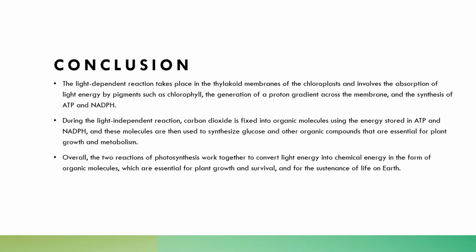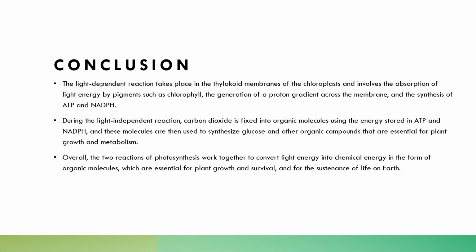During the light-independent reaction, carbon dioxide is fixed into organic molecules using the energy stored in ATP and NADPH. These molecules are then used to synthesize glucose and other organic compounds that are essential for plant growth and metabolism.